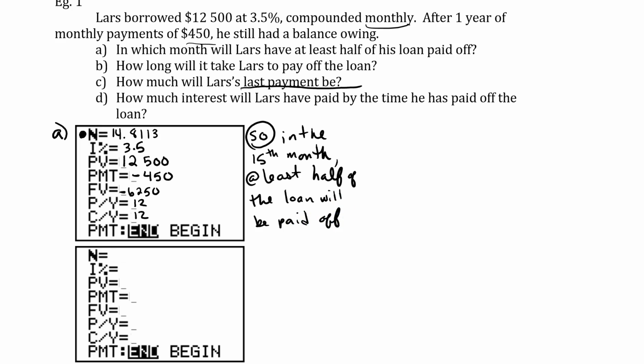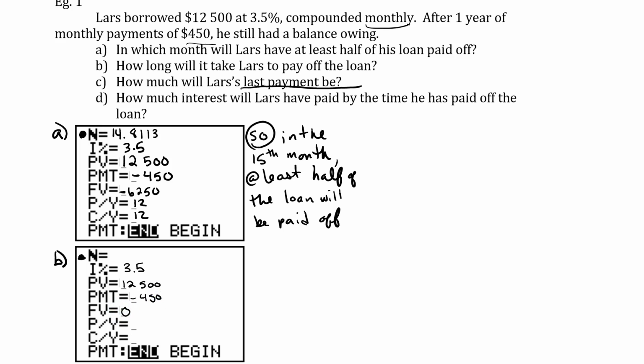Okay, so how long will it take Lars to pay off the loan in its entirety? So let's use the TVM solver again. We're going to solve for n again, but we're going to change up some of these values. We know that the interest is still going to be 3.5%. That's what he's charged. We know that the present value, the initial loan, and that it's going to be negative 450 for the payment, but the future value is going to be 0.